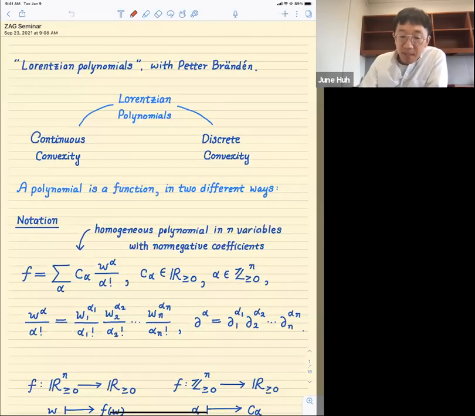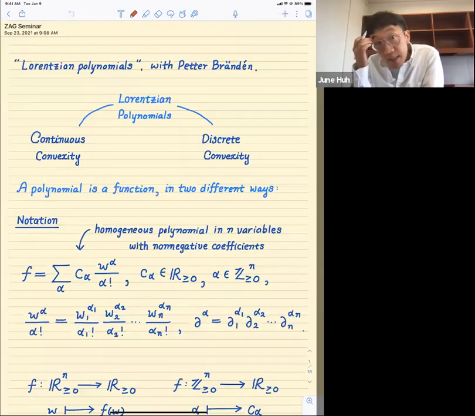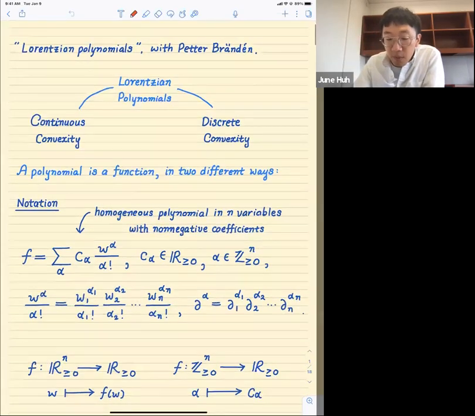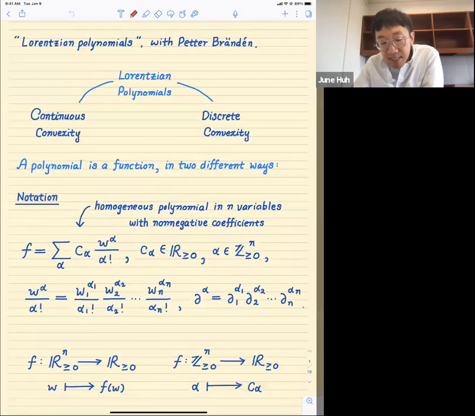So the topic is Lorentzian polynomials, and from a bird's eye view, the reason I find it fascinating is that this class of polynomials naturally links two different notions of convexity. One is our usual familiar notion of convexity of functions, say continuous functions or more general functions.